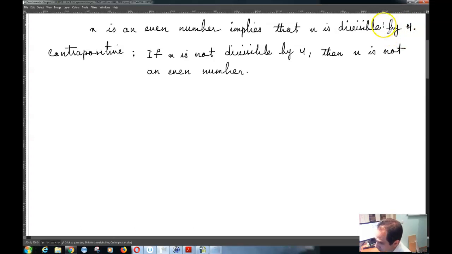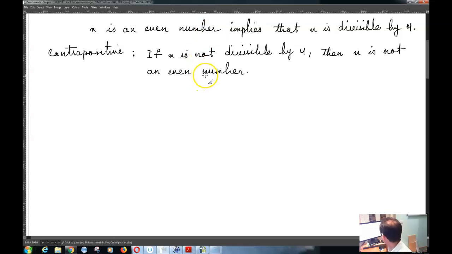But anyway, that's not the point here. The point is to find the contrapositive, and for the contrapositive you say that if not q, then not p, meaning that if x is not divisible by 4, then x is not an even number.